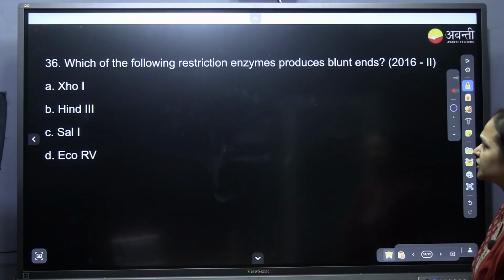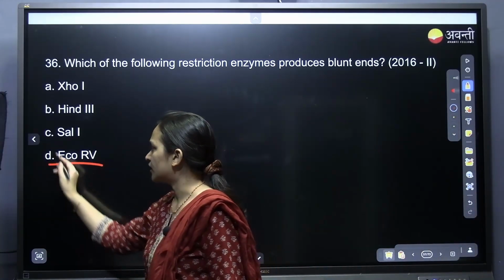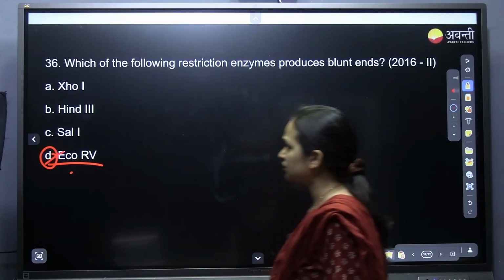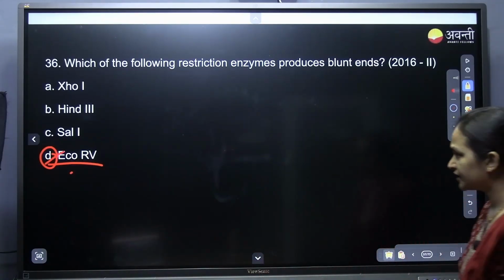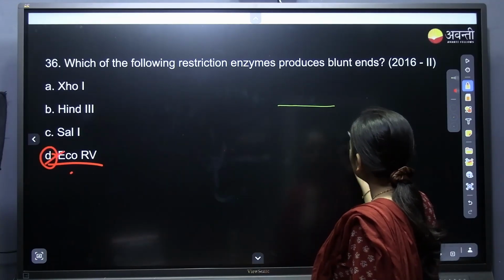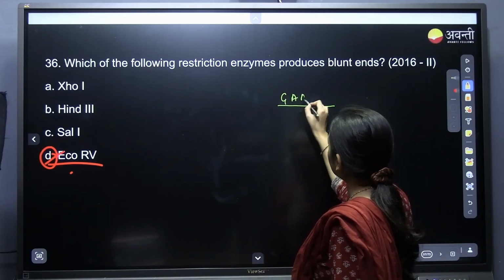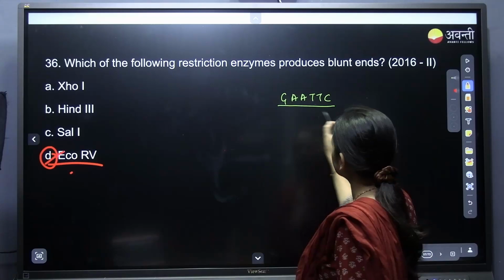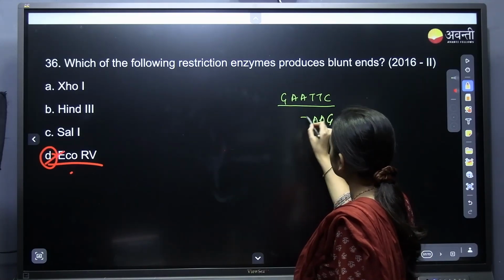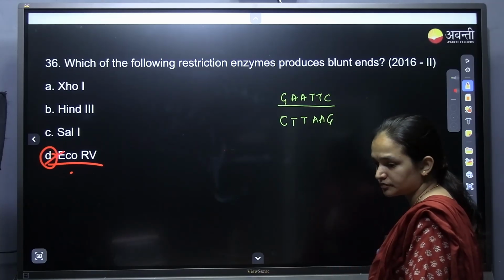Which of the following restriction enzymes produce blunt ends? Blunt ends among these are produced by EcoRV. There are two types of ends. One is the staggered end, like GAATTC.